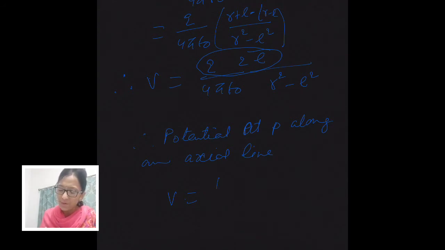So it is equal to 1 upon 4 pi epsilon naught, capital P upon r square minus L square. This is your potential.